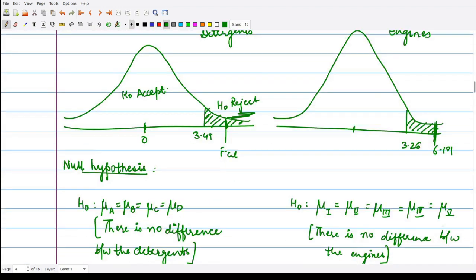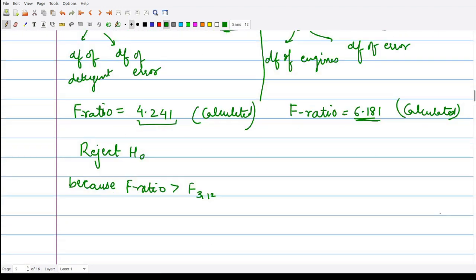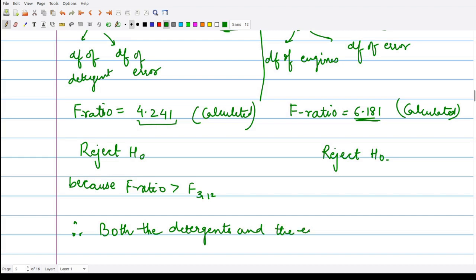So this is also lying in the critical region. So here also we will reject our H naught. So finally we will conclude that both the detergents and the engines are not all equal.